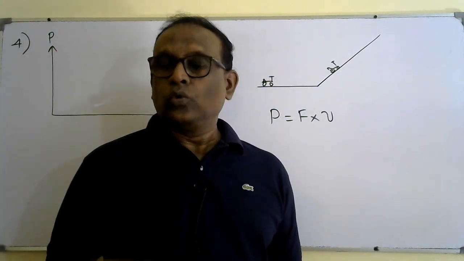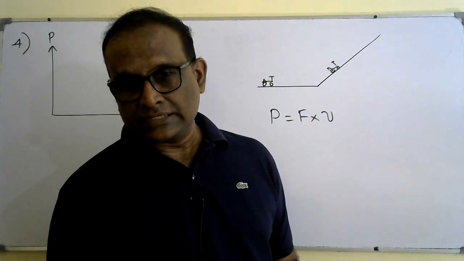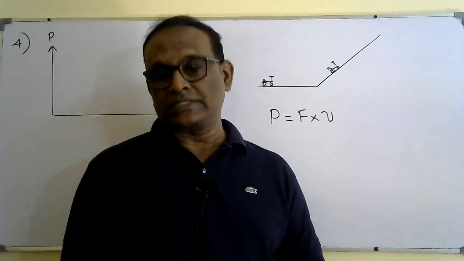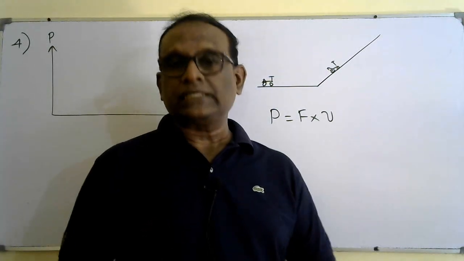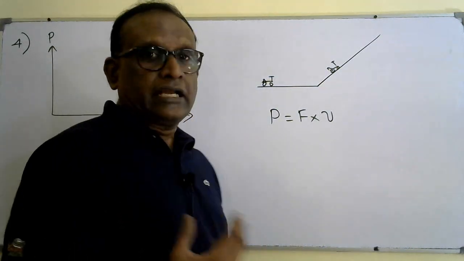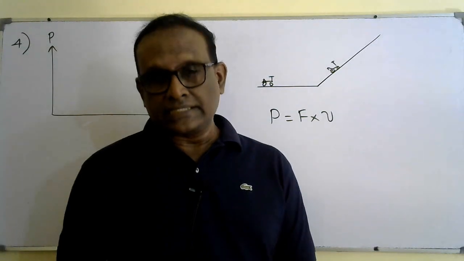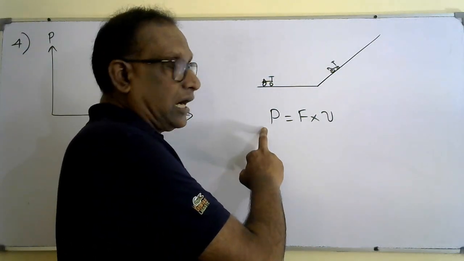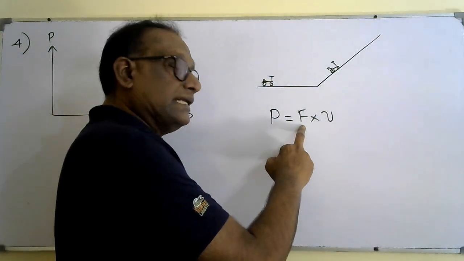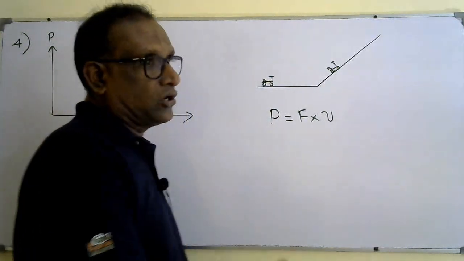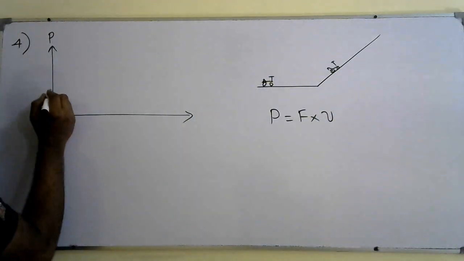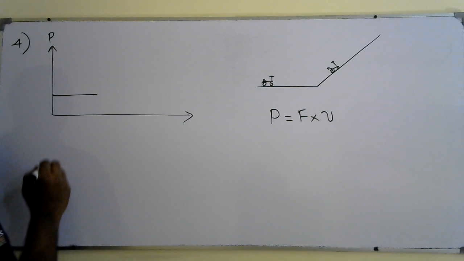But there is work done by the cyclist to overcome the resistive force, otherwise there wouldn't be any power output. So the cyclist is applying a force equal to the total resistive force, the friction. It's moving at constant speed, as they tell us, so the force he is applying is also constant. So power is constant. The graph will initially, when he is moving on a horizontal road, show constant power.